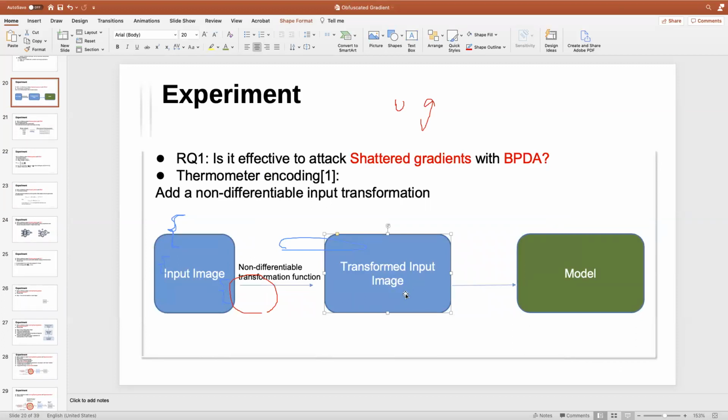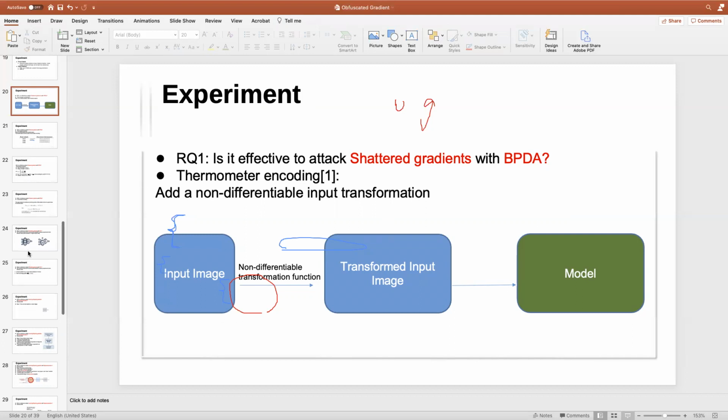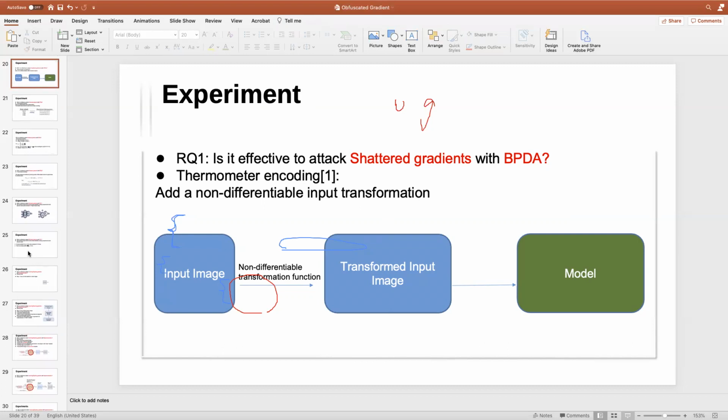You just transform the input before feeding into the classifier. It's more like discretizing the image values. You can imagine it as a transformation. That's how we define what a transformation is.